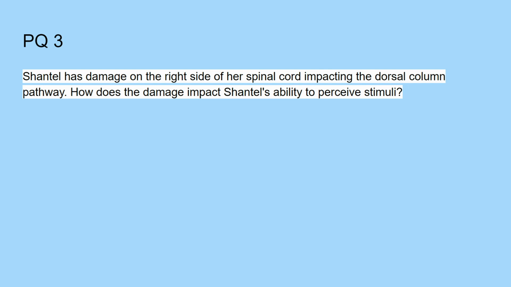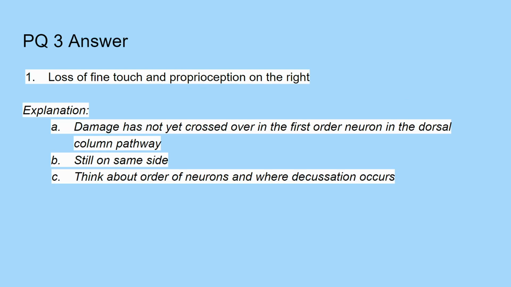Yeah, that was a good explanation. So since it crosses over in the brain, anything on the right side of the body would have trouble perceiving. And it's the dorsal column, so it's loss of fine touch and proprioception on the right side of the body.